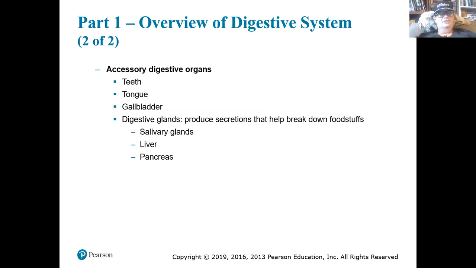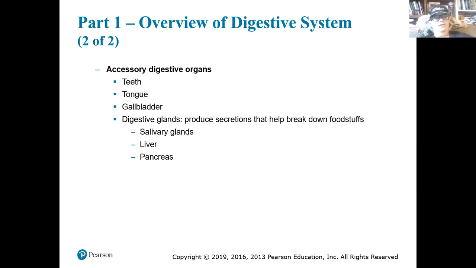So, accessory digestive organs. Accessory organs are the ones that assist or help. So, the teeth and tongue and the mouth, the gallbladder, which is delivering bile made by the liver into the small intestine, the duodenum. Digestive glands that make secretions would include the liver, which we just mentioned, but there are also other things that the liver is making.